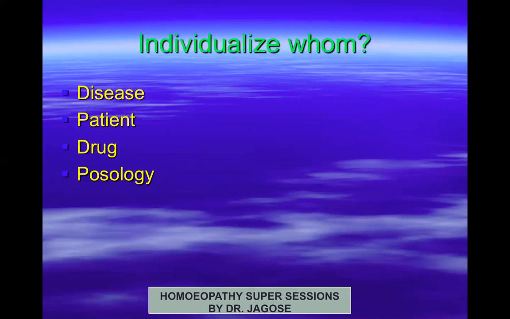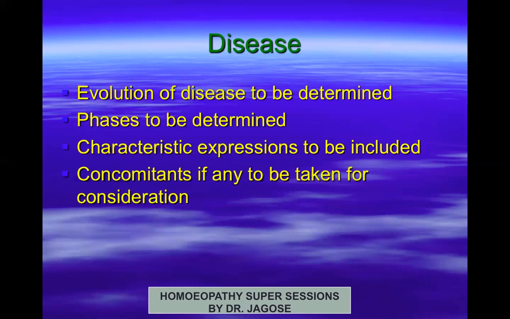So now, what do we individualize? We can individualize the disease, the patient, the drug, and our homeopathic posology. Now let us see in short something about each. In the disease, how do we individualize the disease? Number one, you have to see the evolution of the disease, or the sequential evolutionary march of events occurring in a patient's life.